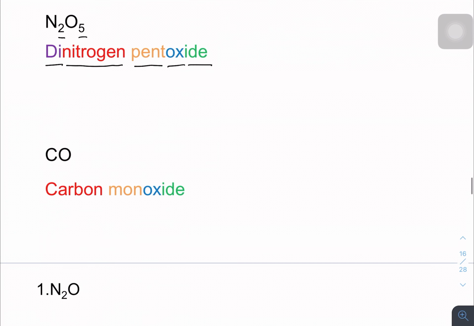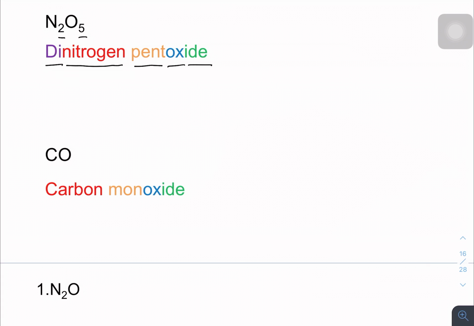Next one we have is CO. Examining the molecule, we have one carbon and one oxygen, so we will be using the Greek prefix mono. We don't need to write mono if the first element contains one atom.